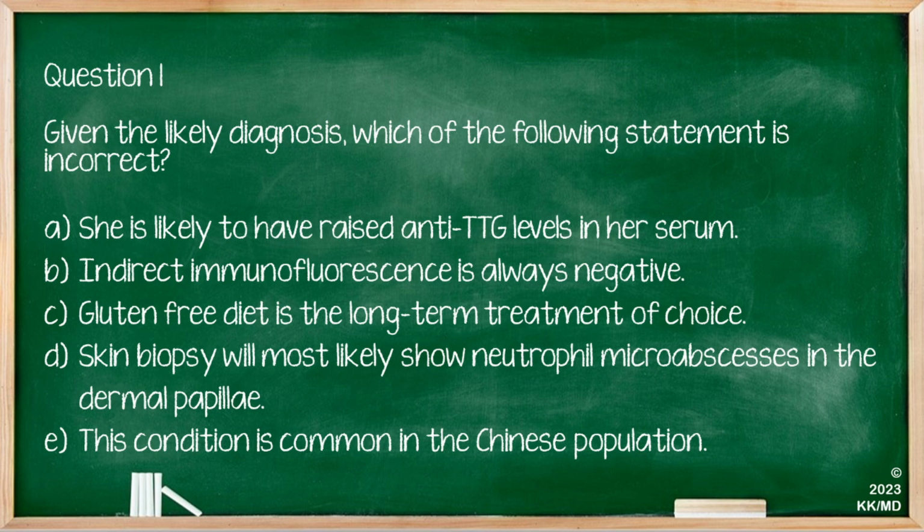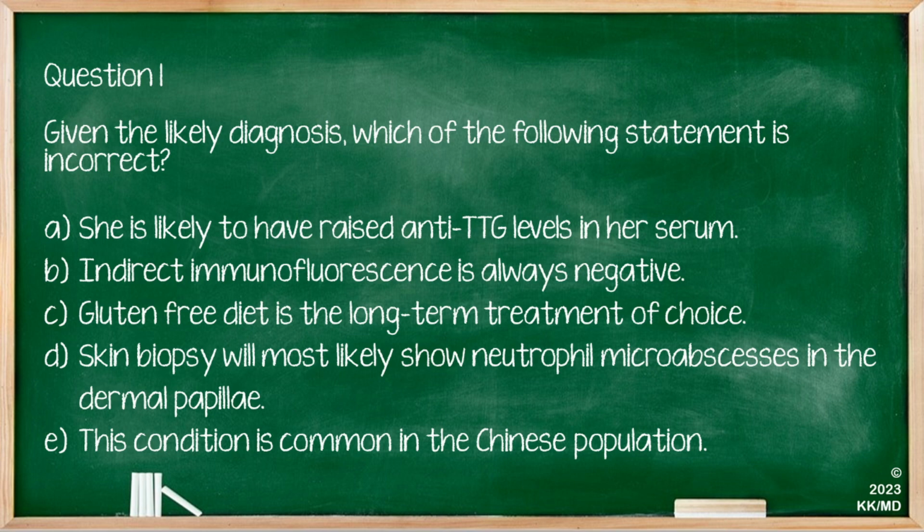Looking back at the vignette, hopefully you have realized that you are dealing with dermatitis herpetiformis. There are multiple pointers towards this in the question stem. You're dealing with a young lady who has a history of autoimmune disease in the form of type 1 diabetes.